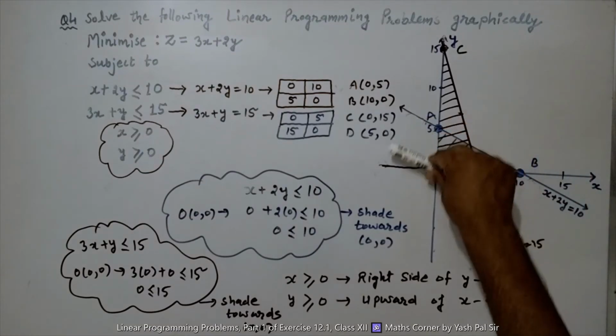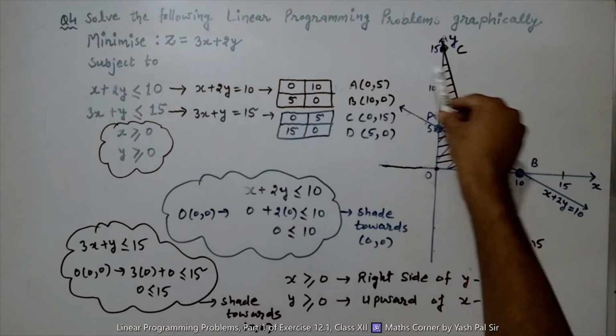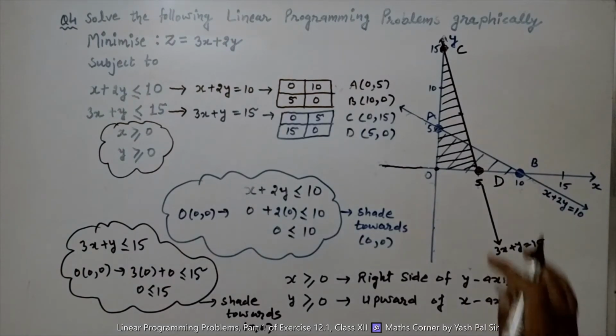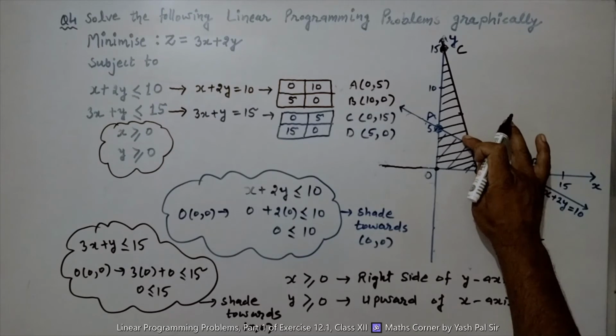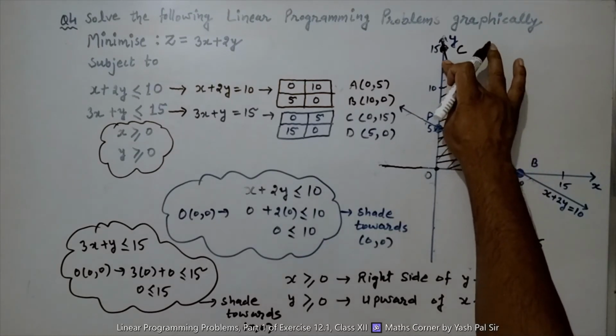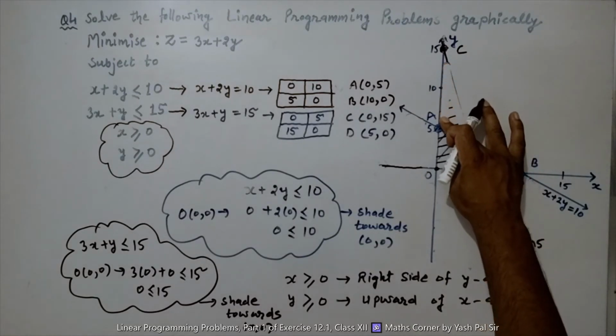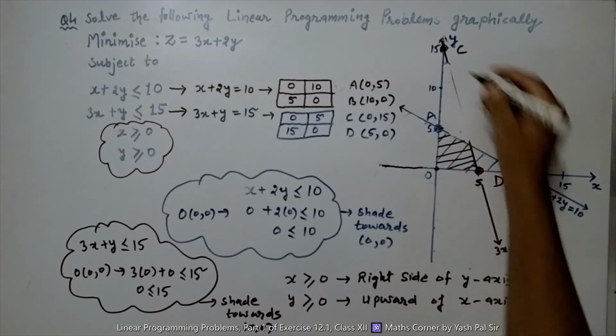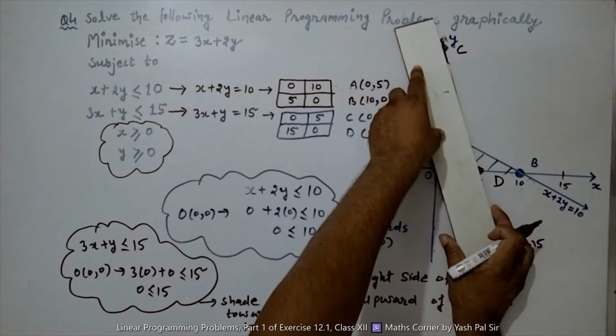Now earlier we said that we have to shade only to this side. Now we have shaded this side. What is the common result? The common portion is retained, the rest is erased. What we have shaded, the rest portion is erased.